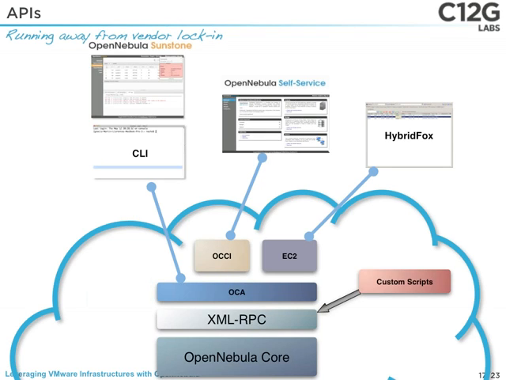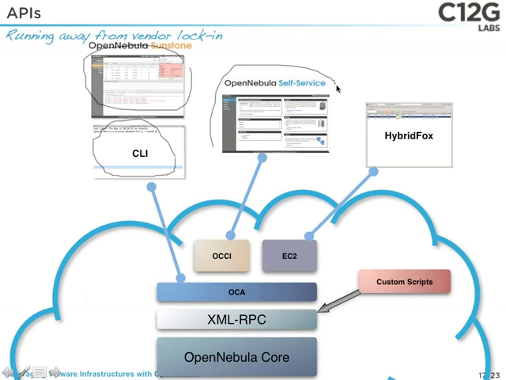Okay, in terms of APIs, OpenNebula offers different access mechanisms to your cloud. It offers a command line interface for sysadmin-like guys who like to use the shell and want to use Unix-like commands to manage the cloud, and also the Sunstone web interface we just saw.